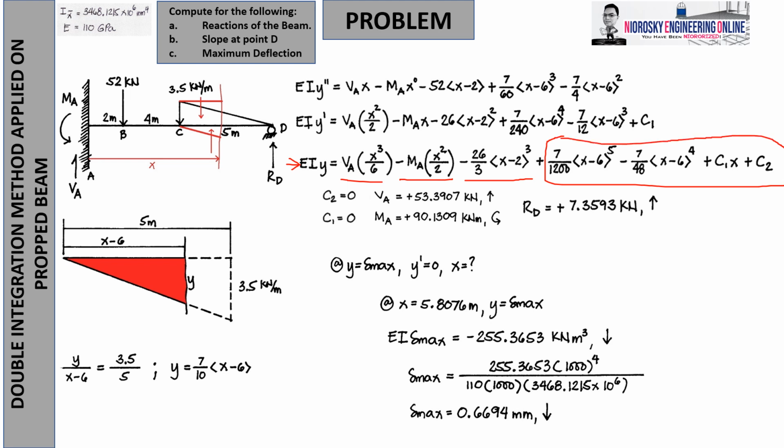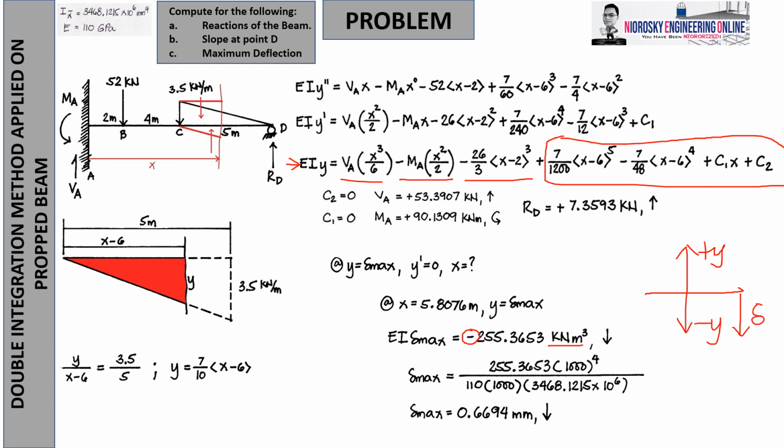So it will be negative. Okay? So by this, we can now get negative 255.3653 kilonewton cubic meter. This is the unit of delta maximum EI. So negative means a downward deflection. Again, using the Cartesian sign convention, positive is upward, and negative y is downward. So therefore, it deflects downward.